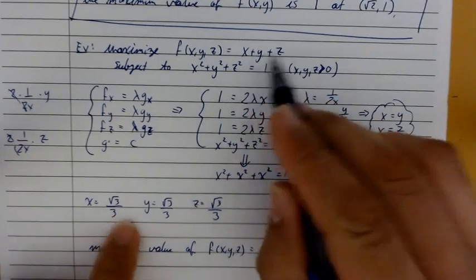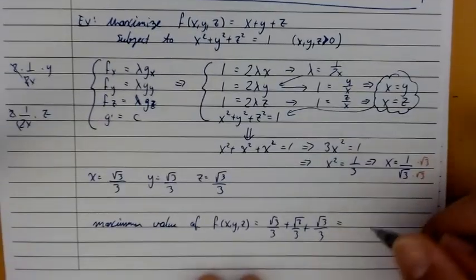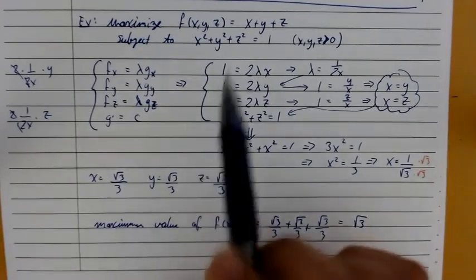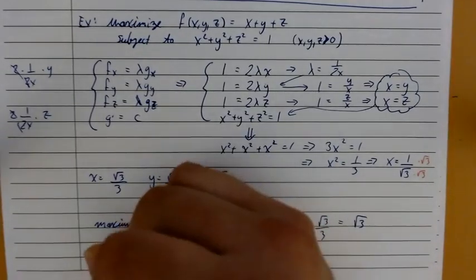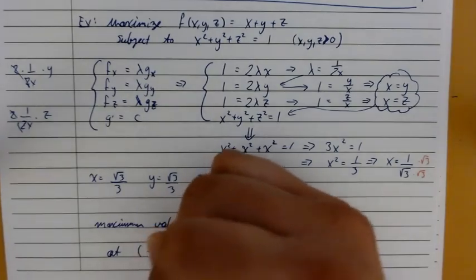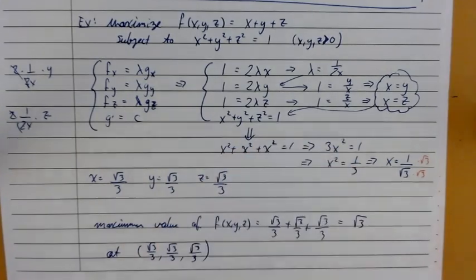You're adding the x, the y, and the z, which is 3 root 3 over 3. Now the 3's would divide away, and you're just left with root 3. So the maximum value of this function is the square root of 3 at the point root 3 over 3, comma root 3 over 3, comma root 3 over 3.